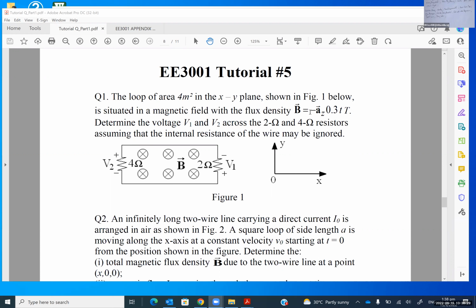You need to visualize the area. So now with that in mind, do you want to draw XY plane, XZ plane, or YZ plane? Which one? XY, right? Because the area is in XY plane. So that's why we want to visualize XY plane.